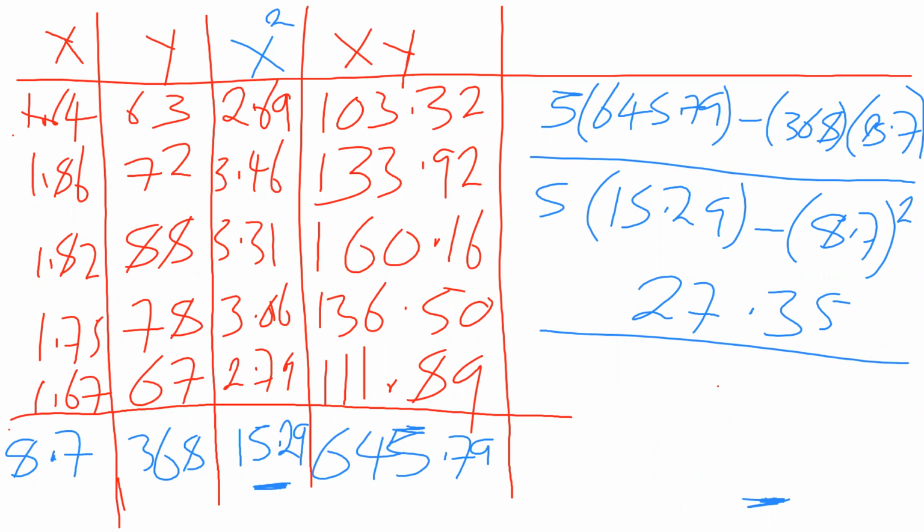And what do you get as the denominator? What do you find?